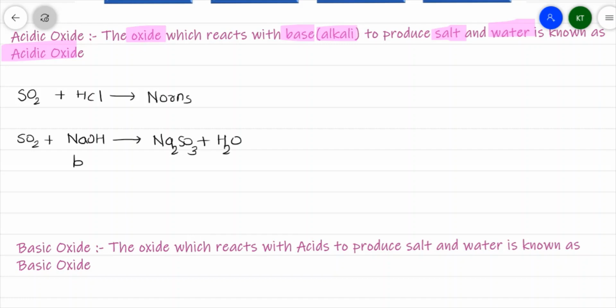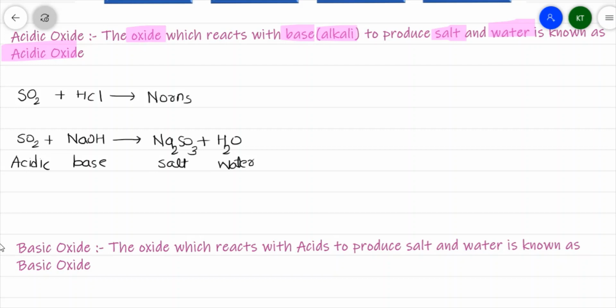NaOH is a base, Na2SO3 is a salt, and this is water. So a substance that reacts with a base to form salt and water is called an acidic oxide. In this case, sulfur dioxide is acidic in nature.